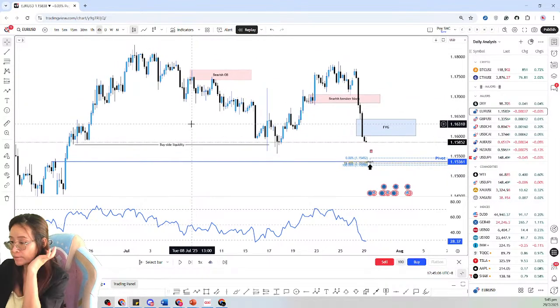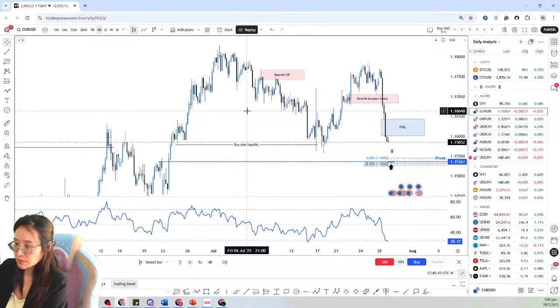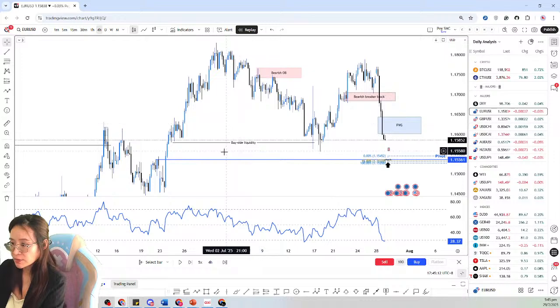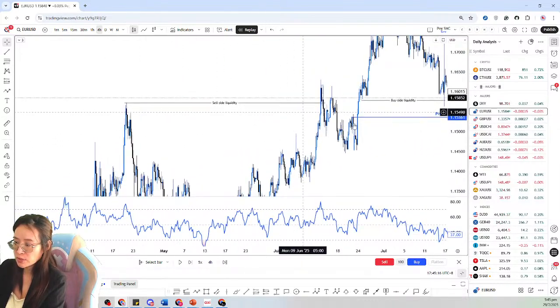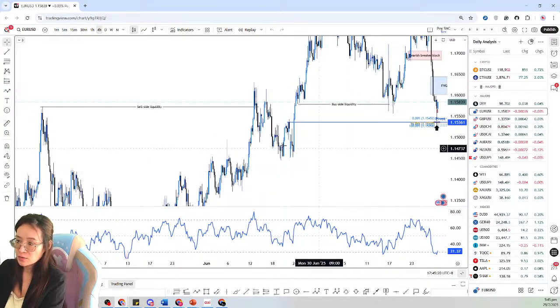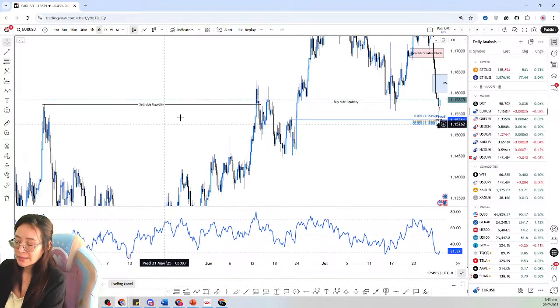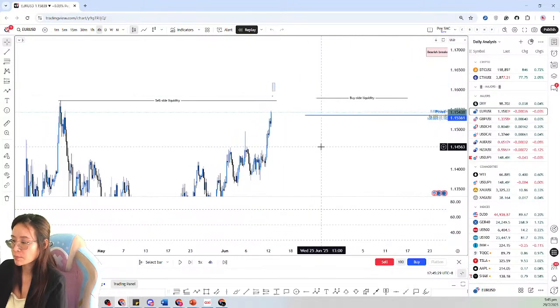A quick recap. We have two types of liquidity. We have buy side liquidity, and then we have sell side liquidity right here. Now, let's say you got stopped out at this level, for example.